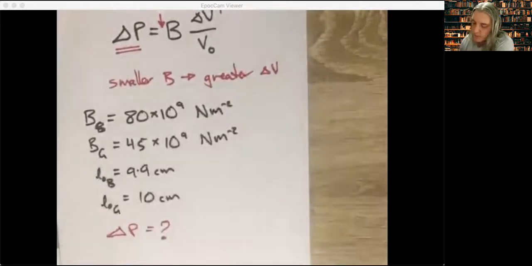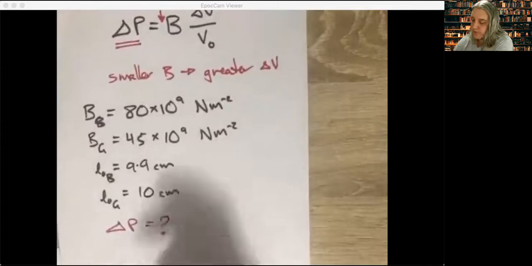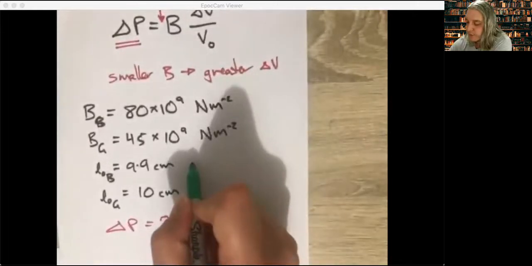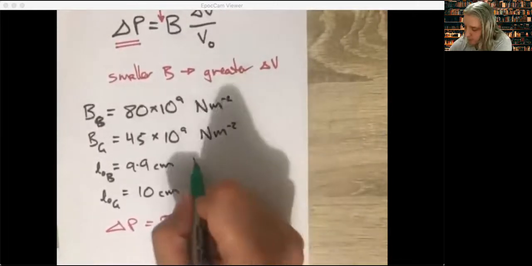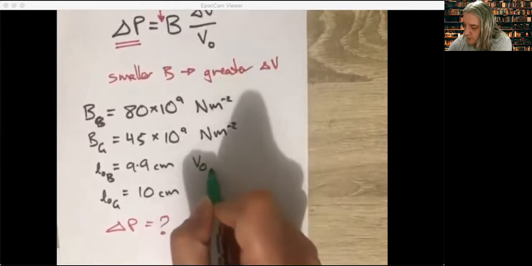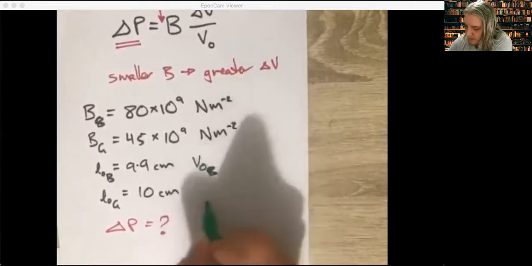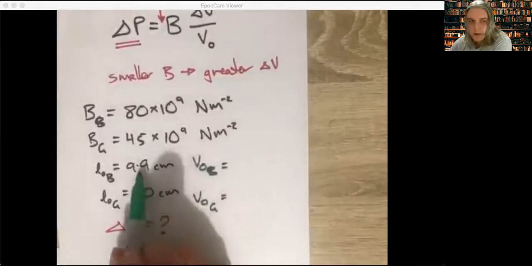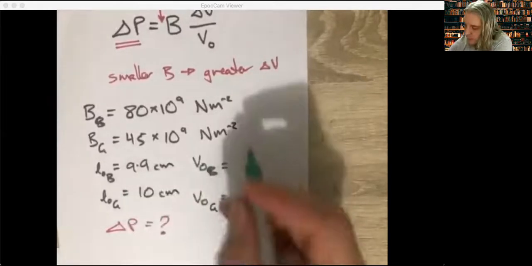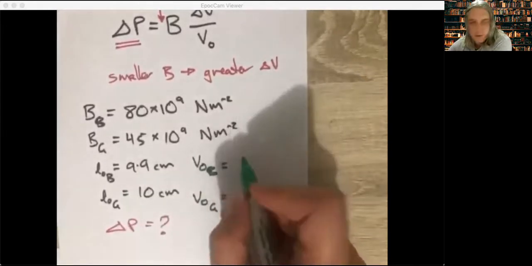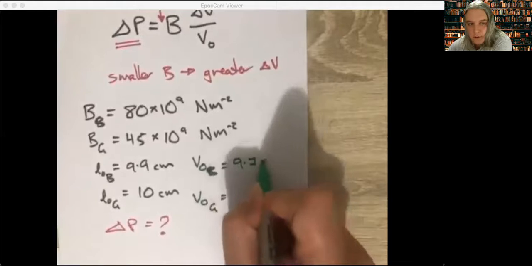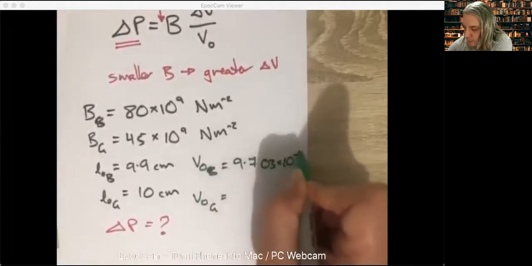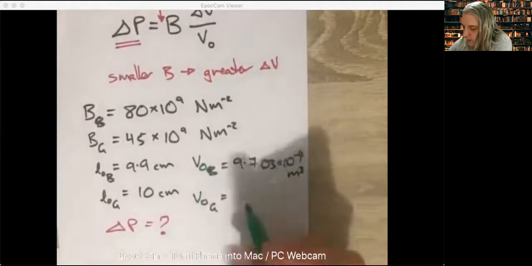Again, I would often personally do this through algebra, but for now I'm just going to write some actual numbers in just so we can see what we're looking at. So the original volume for brass and the original volume for granite are just going to be these converted to meters and then cubed. For our brass one, we get 9.703 times 10 to the minus 4 cubic meters.